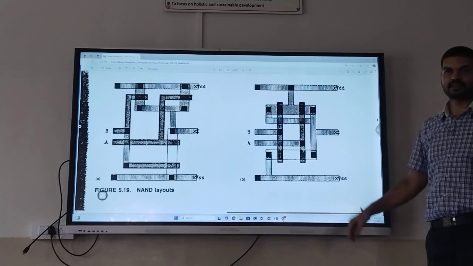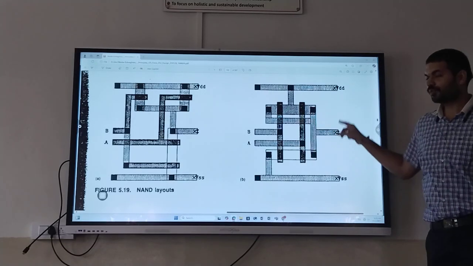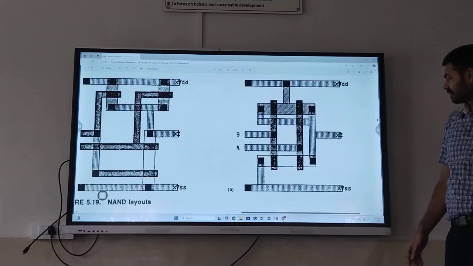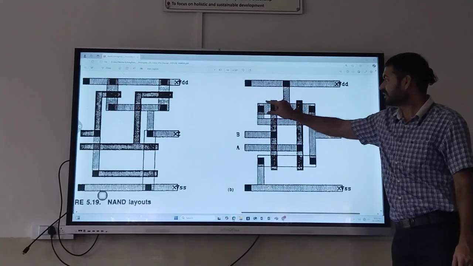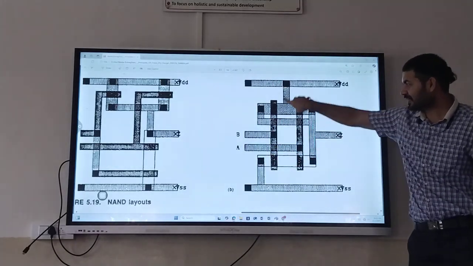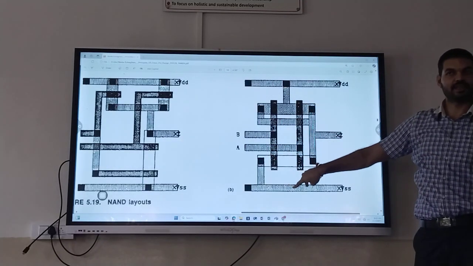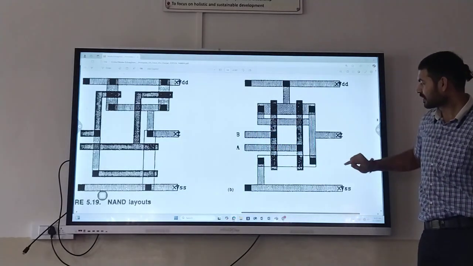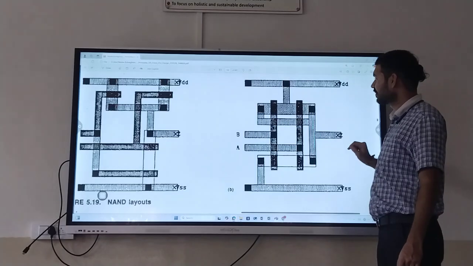2 input NAND gate. This is a 2 input NAND gate. How is it a 2 input NAND gate? This is P diffusion. This is N diffusion. 2 polys are there, which are A and B. Next, what we are doing?